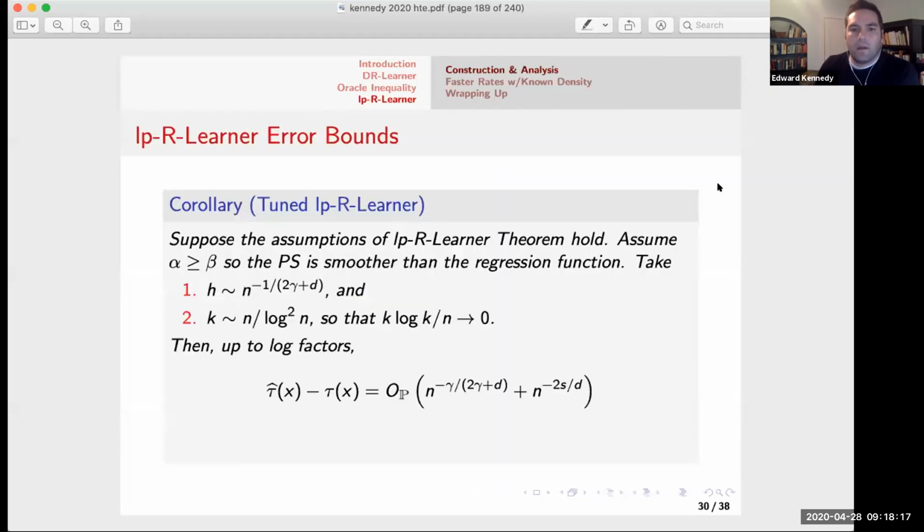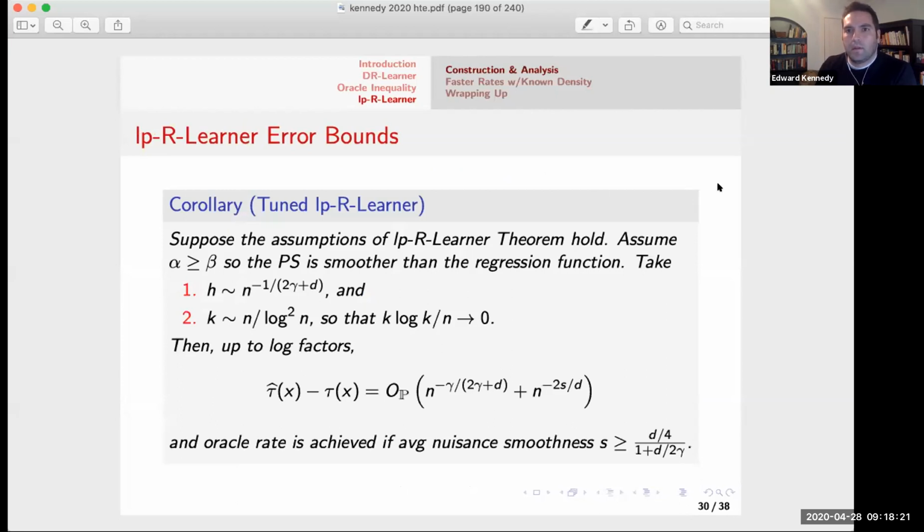So this next result just says what happens if you do this. So you get a rate that looks like the oracle plus n to the minus 2s over d. This n to the minus 2s over d rate comes up in some other problems, conditional variance estimation. It's actually the minimax rate for some functional estimation problems like the average treatment effect in a fixed design. And you can see from this what a sufficient condition is for achieving the oracle rate.